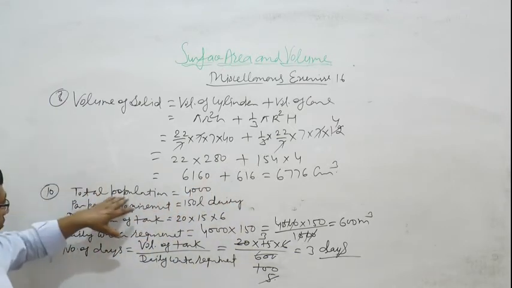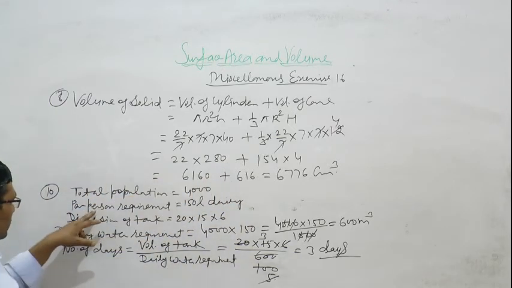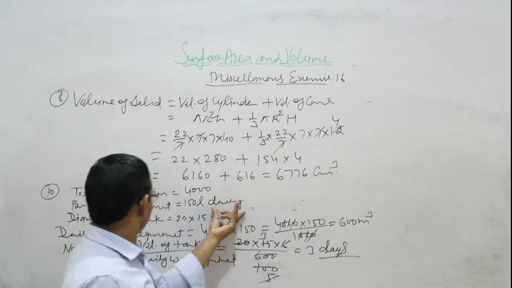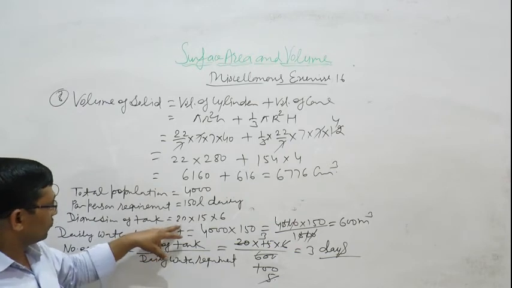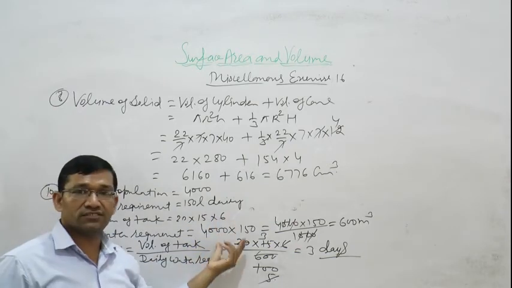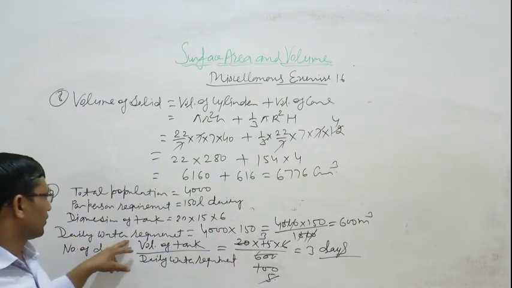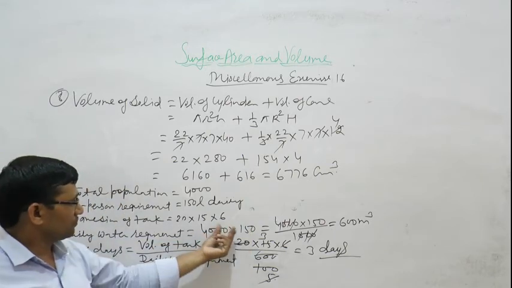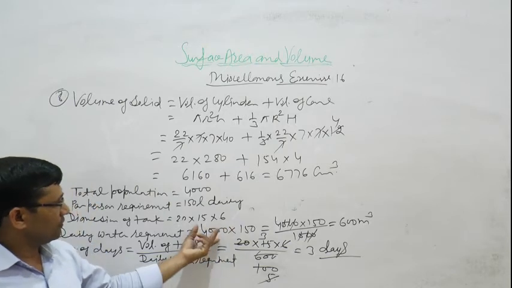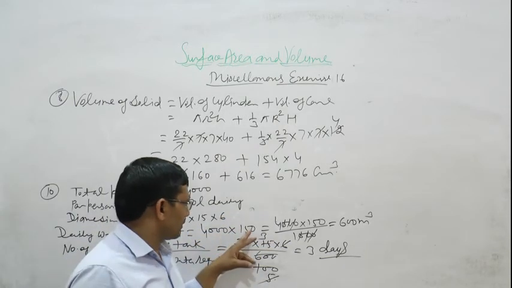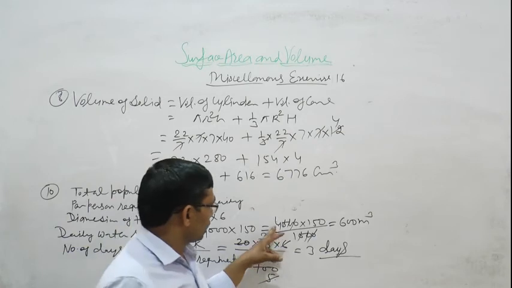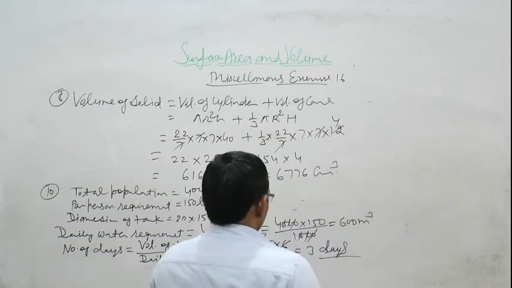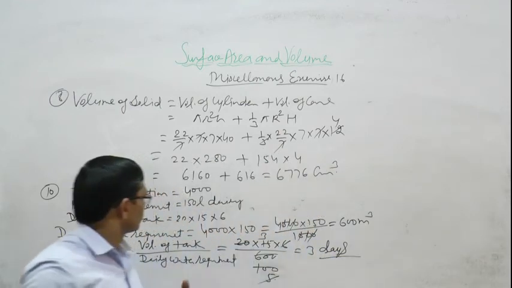In this question total population is given 4000 and per person requirement 150 liter daily. So dimension of tank 20 multiply 15 multiply 6, these are given, and daily water requirement is 4000 multiply 150 meter cube. So 4000 multiply 150 upon 1000.